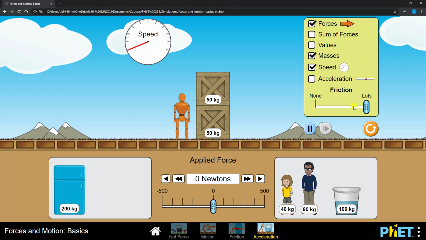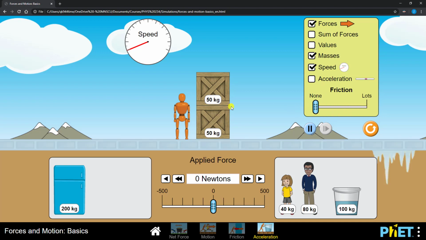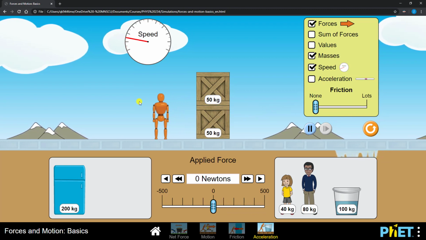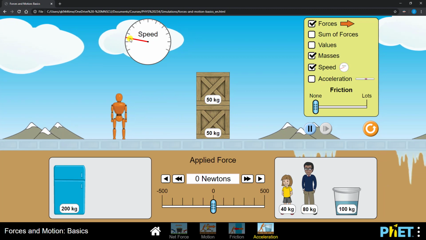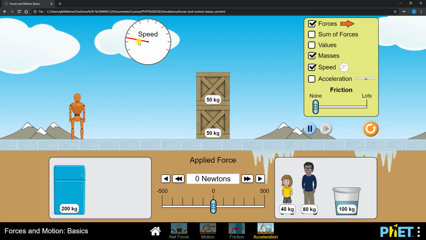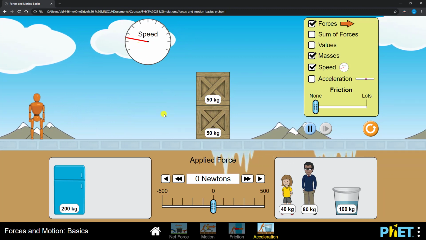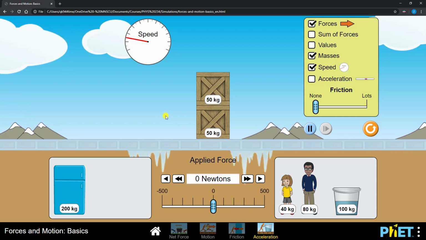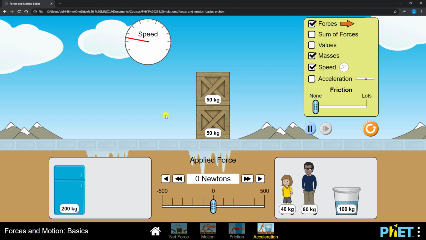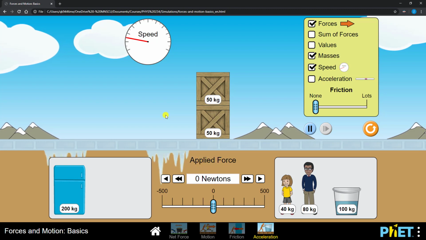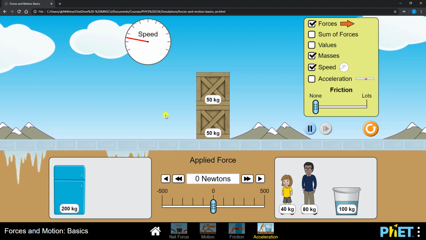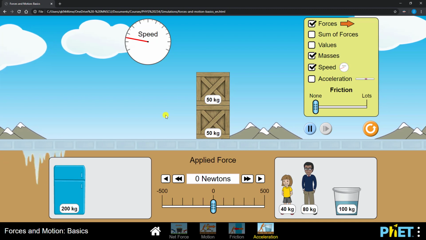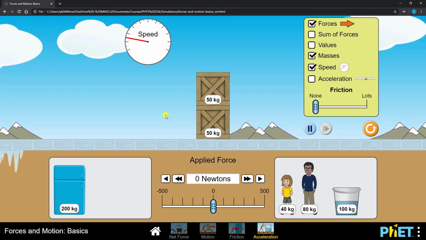So once we remove any friction, we can just push and, whoa, just let it go. It'll just keep moving at a constant velocity now, right? So that is an explanation of Newton's first law. We only get to see this if we're on an icy surface, or maybe using air tracks where the objects can be air lifted so that there's very little friction, or say in outer space.